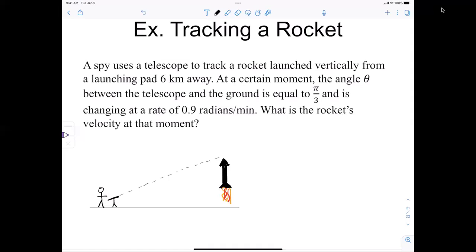So let's say that the telescope is tracking the very top of the rocket or some point on the rocket. And the distance between the telescope and the rocket launch pad is 6 kilometers.